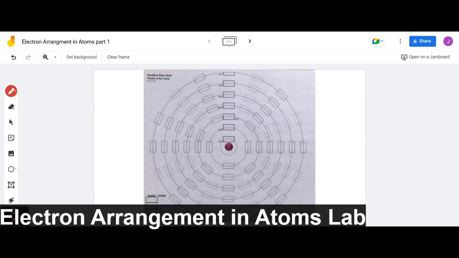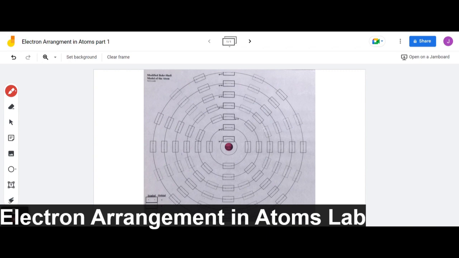The second ring around the nucleus, n equals 2, or second principal energy level, has 1, 2, 3, 4 boxes representing the 4 orbitals that you find in the second principal energy level. Of those 4 boxes, notice that one of them is a little bit darker than the other. If you look at the key to the lower left, it says the dark box represents the s orbital. The slightly lighter colored box represents one of the p orbitals.